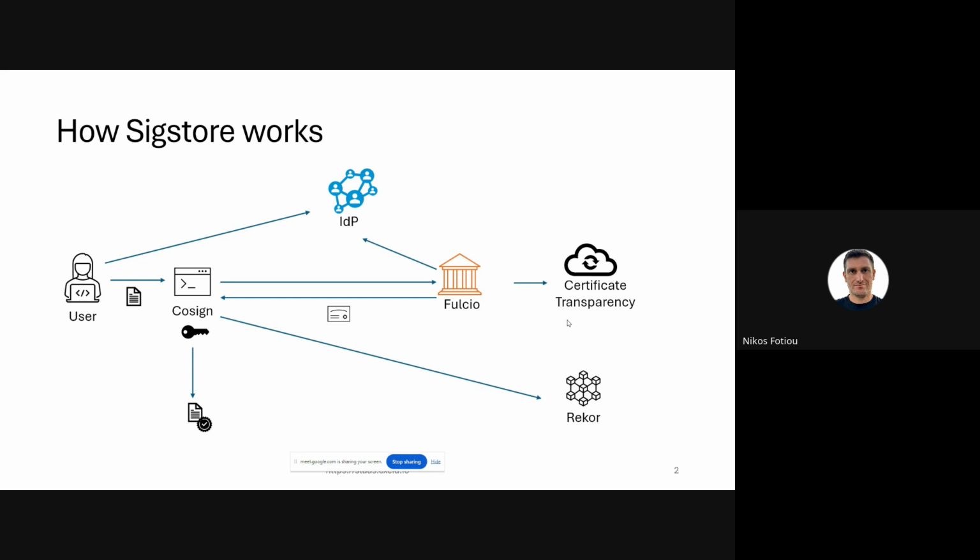Now, we learned something very important that maybe is also a useful lesson for SCITT as well. While certificate transparency is a very nice concept, in reality what is happening is they operate as another centralized trusted point.